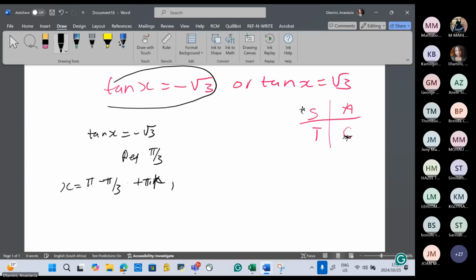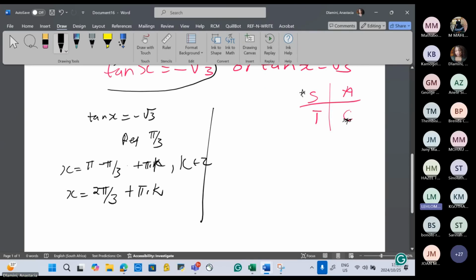And again, x is equal to 2 pi minus pi over 3. Yes, that's what I wrote. And the answer is 5 pi over 3 plus pi times k.